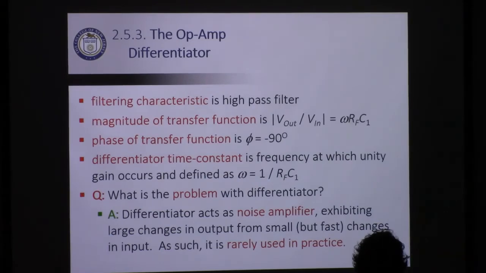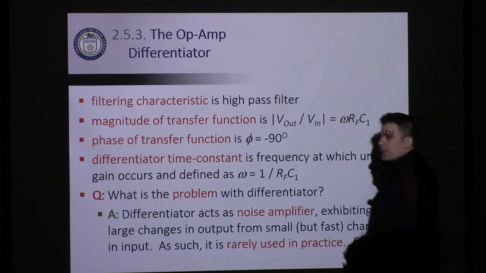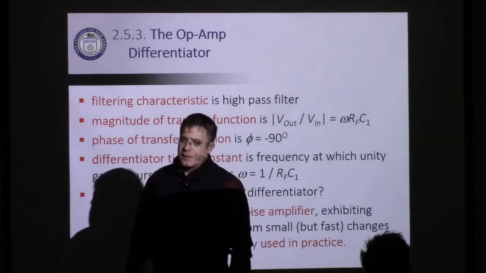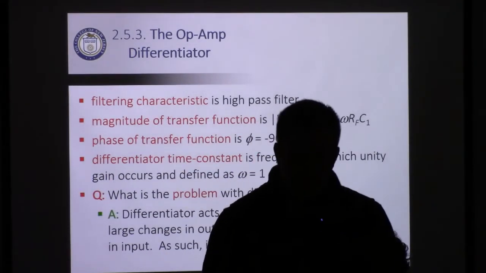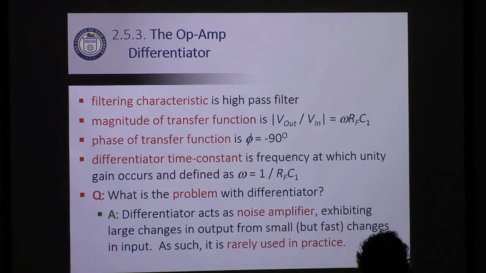And then so, what's one problem with the differentiator? This is a problem that we often see for PID controllers when we use the derivative component. Does anybody know what that problem is? Well, it says it right there. Noise, right?